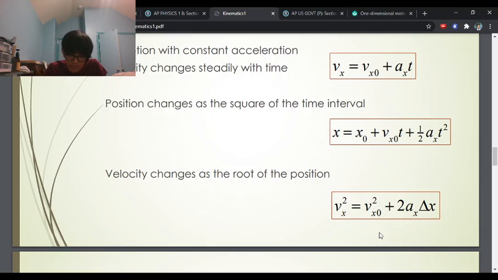Next, we divide by 2 times displacement. That's how we get a alone. So basically our acceleration is vx, our final velocity, squared minus vx0, our initial velocity, squared, over 2 times displacement.